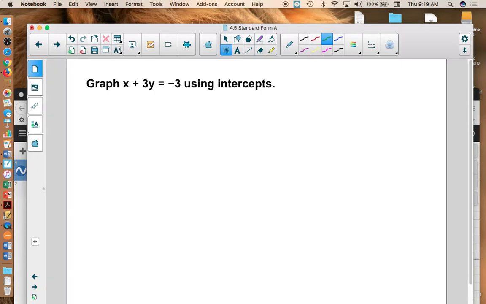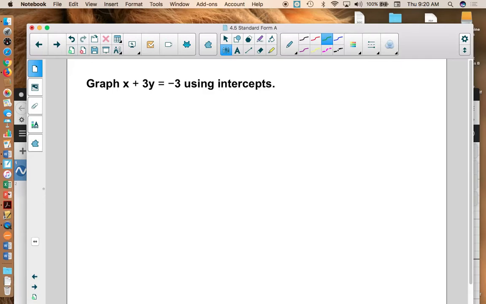You should have really zoomed in. You cannot graph first. I want you to find your intercepts first, then graph. If we were to graph that one, we're gonna have to change our scale, right?